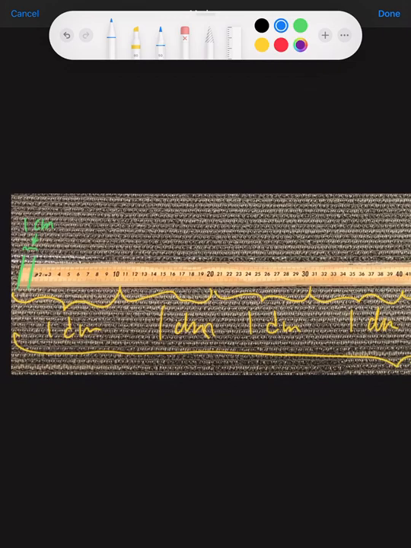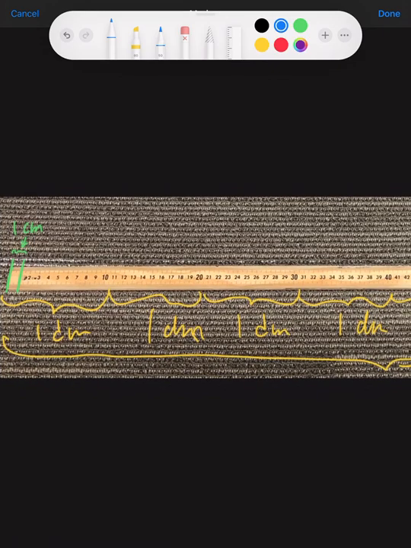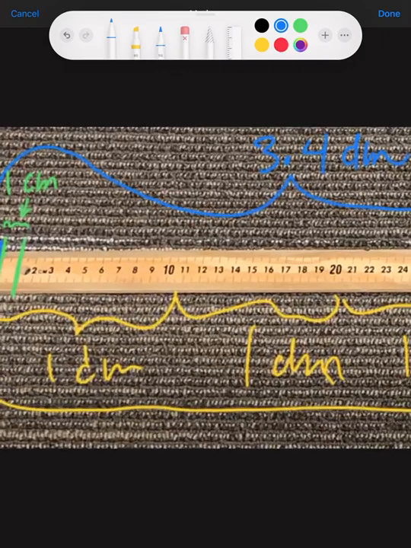3.4. So we need 3 decimeters to here. And 0.4 decimeters is going to be right to here, where the 1, 2, 3, 4. Okay. So this distance in blue is 3.4 decimeters. Okay. Now we're going to do 54 millimeters.